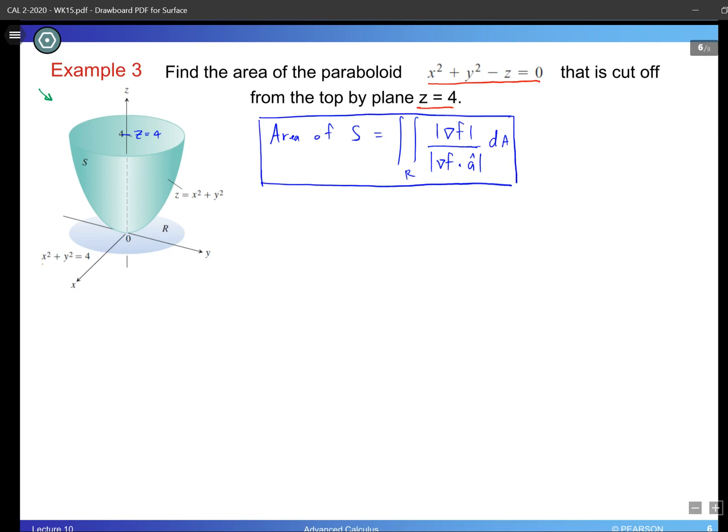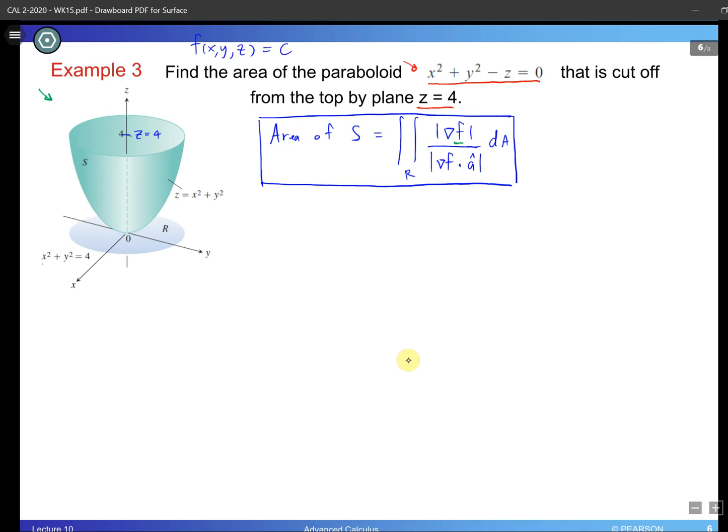Now we need to find out about the components inside this formula so that we can continue with the calculation. Why don't we start with this f right here? We need to know about this f. And this f is going to be the equation for the surface in the space. So let's take a look at the equation that we have, the paraboloid equation. By now we know that the form of the equation that we need for this surface is going to be in this form: function of x, y, z equal to c.